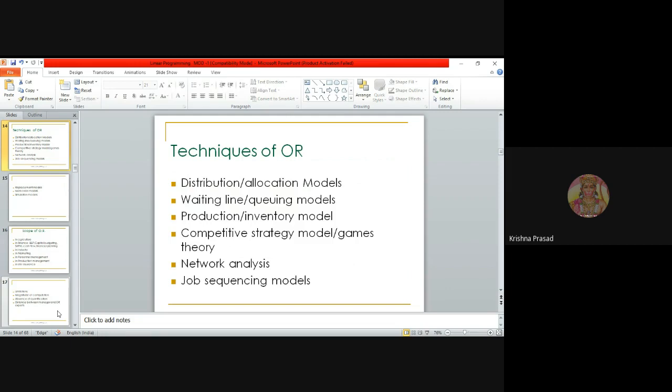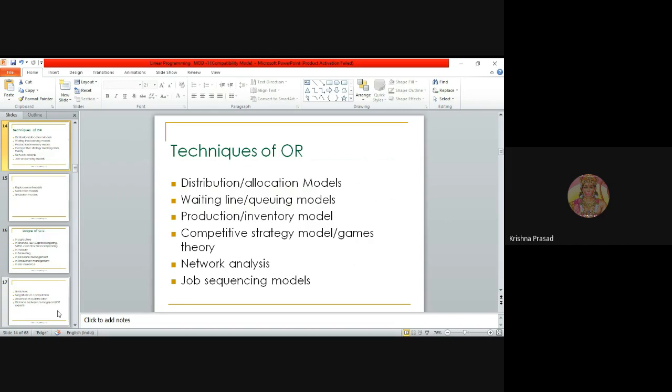Next is techniques of OR. We have distribution and allocation models, which we can use in operations research. Inventory models are developed by operations research, to minimize the inventory which you are going to have. And there is the queuing method, waiting line theory, which is used in all retailing, to cut down the queue.